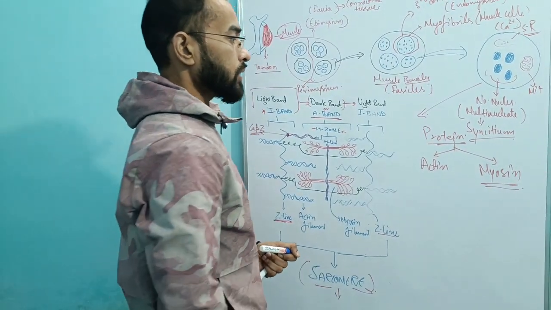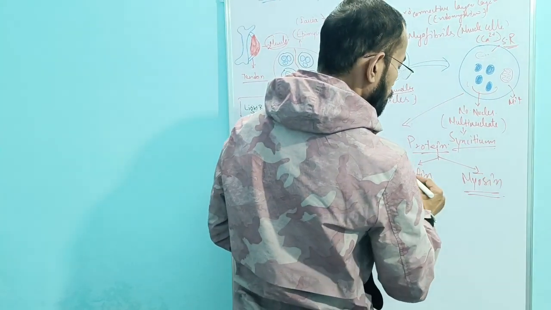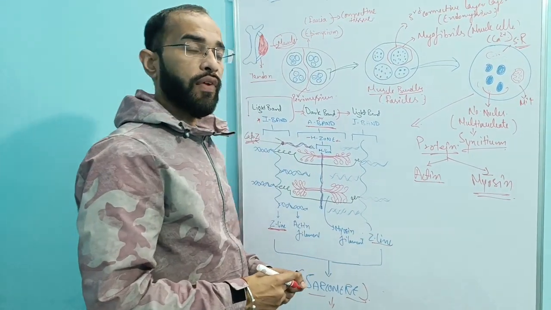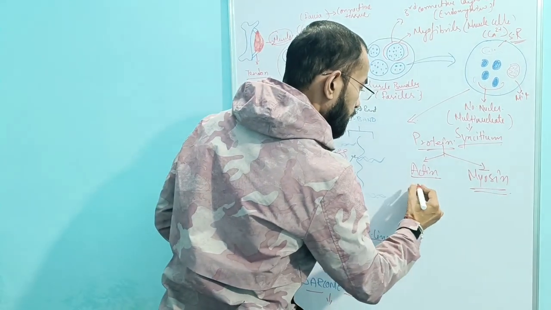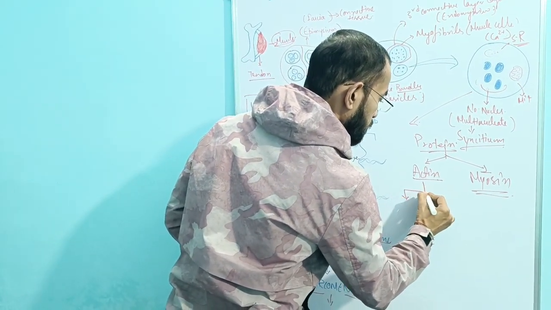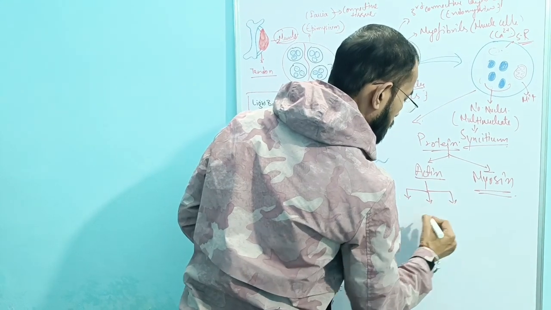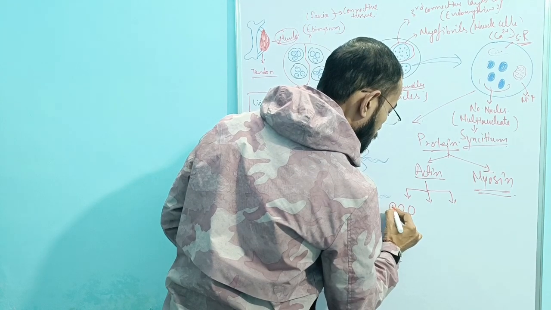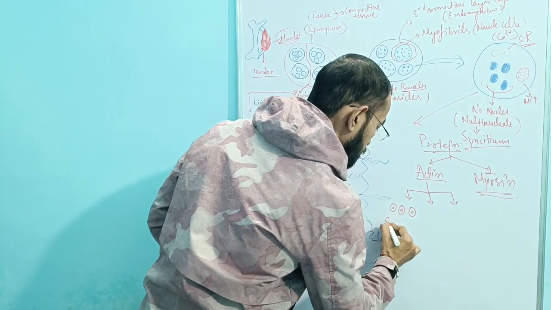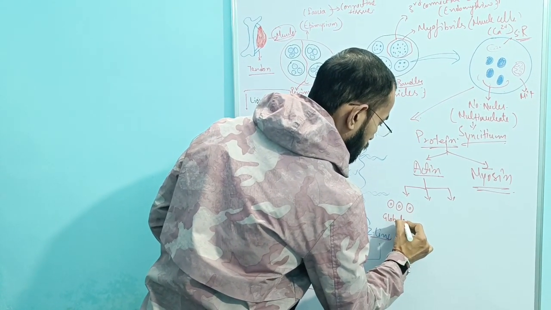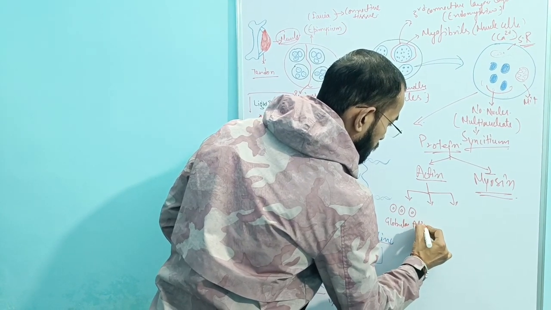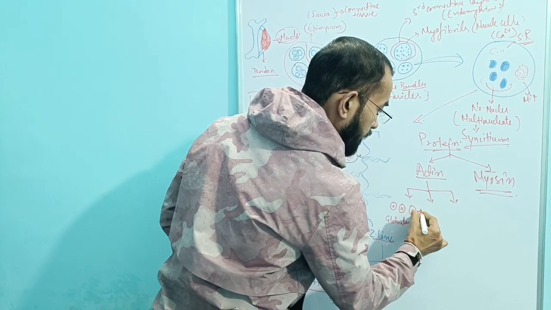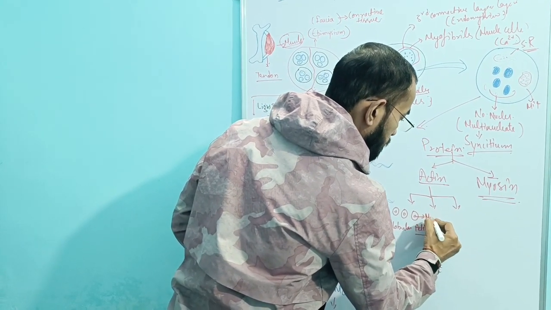Then we discuss the structure of actin and myosin. If we look deeply into the structure of actin filament, these are made up of three structural proteins. First is globular actin, nodules having a site in the center for the binding of myosin.